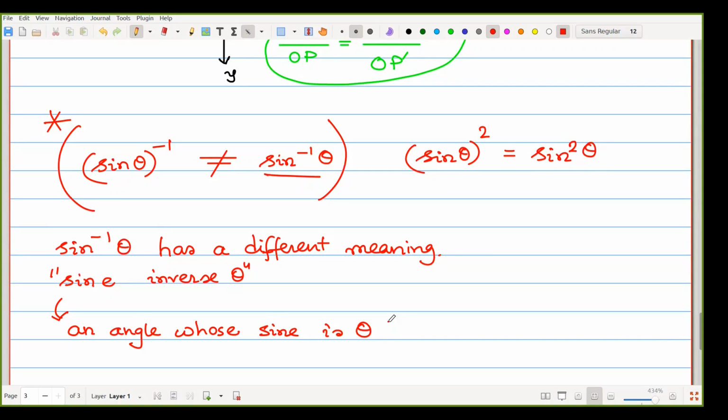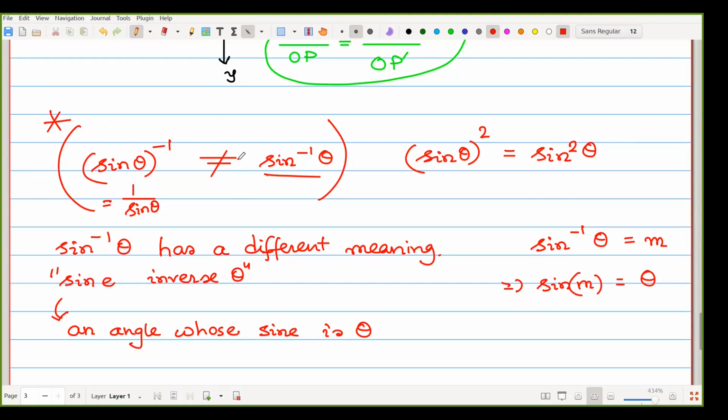Never is it to the power. That means if we have sine -1 theta is equal to m, then we can write sine m is equal to theta. That does not mean sine theta whole inverse, because sine theta whole inverse means 1 by sine theta. That is not sine inverse theta.